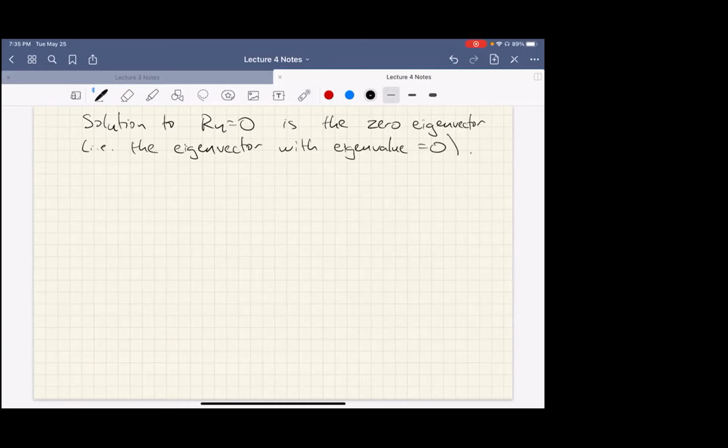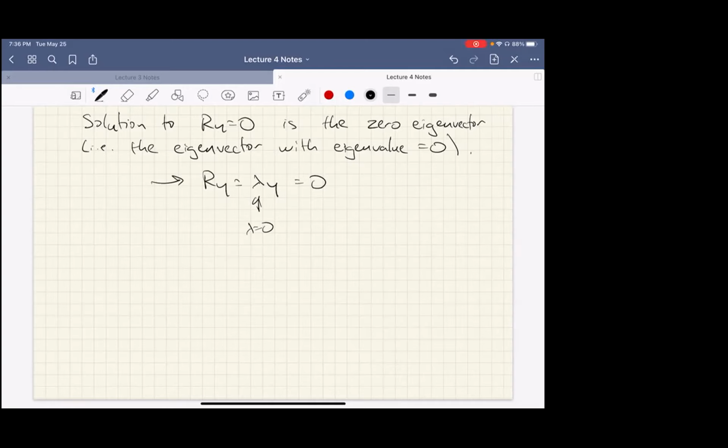And that's easily seen. So we're basically looking for Ry equal to lambda y, but where lambda equals 0. So that's basically equal to the 0 vector. That's a neat observation. The steady state solution is given by the zero eigenvector.